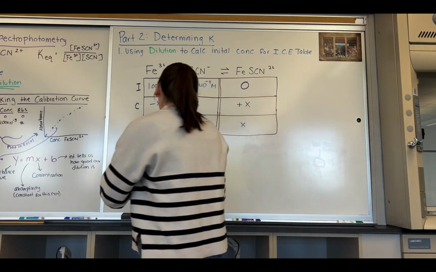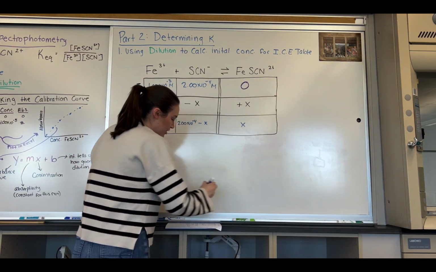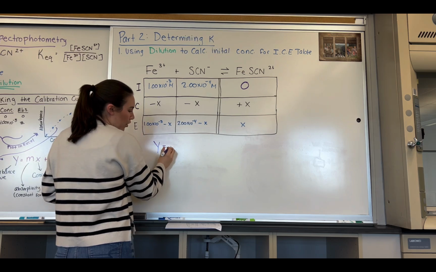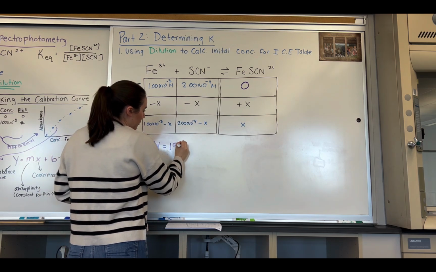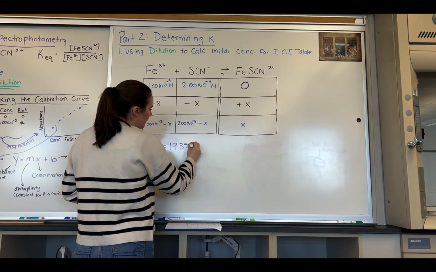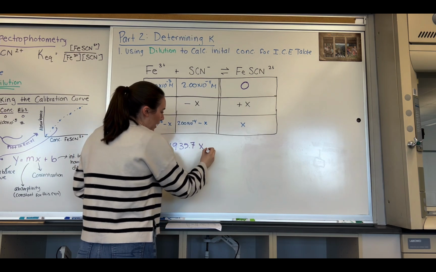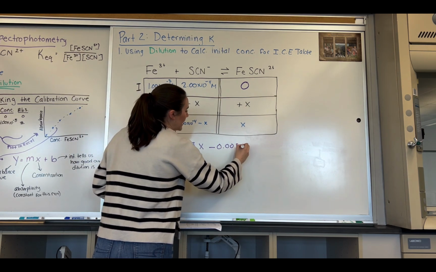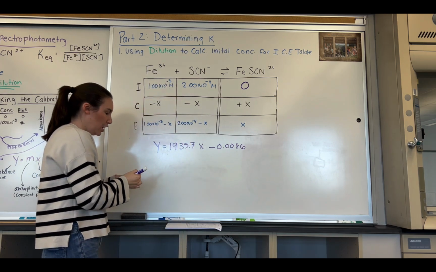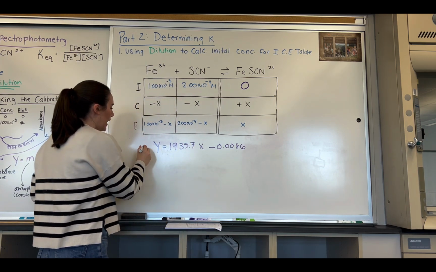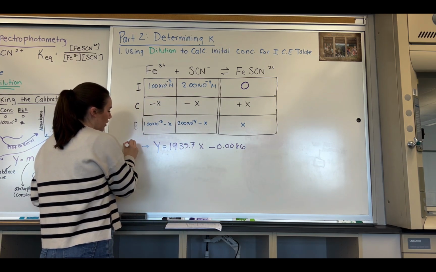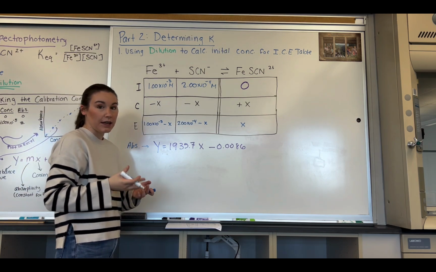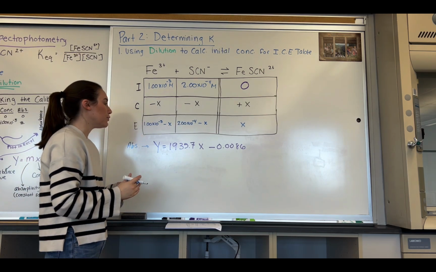We had our y equals mx plus b equation set as y is equal to 1935.7x minus 0.0086. Remember that y is our absorbance value that we got experimentally, that was given to you in LabFlow if you're doing it virtually.